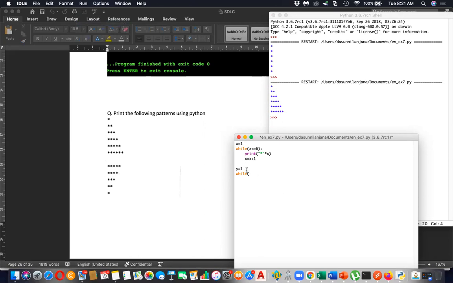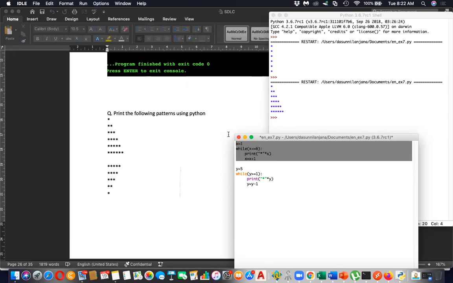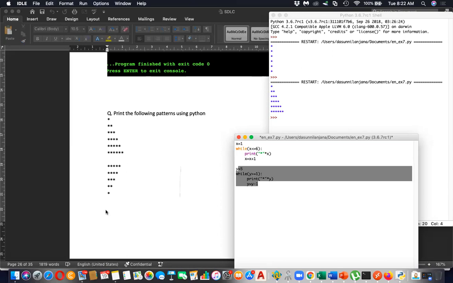So you can start from 5: while y is greater than or equal to 1, same thing, print asterisk. Now you know the concept, so you can write it with y and say y equal y minus 1. Did you understand that? If you understood the concept from the first one, the same concept can be applied for the second one.